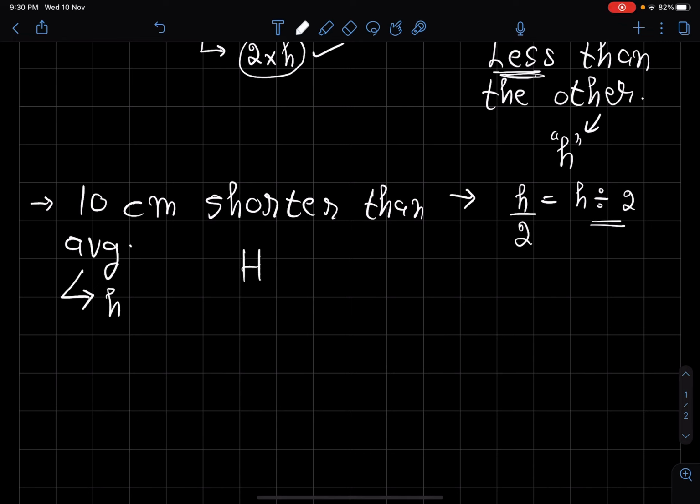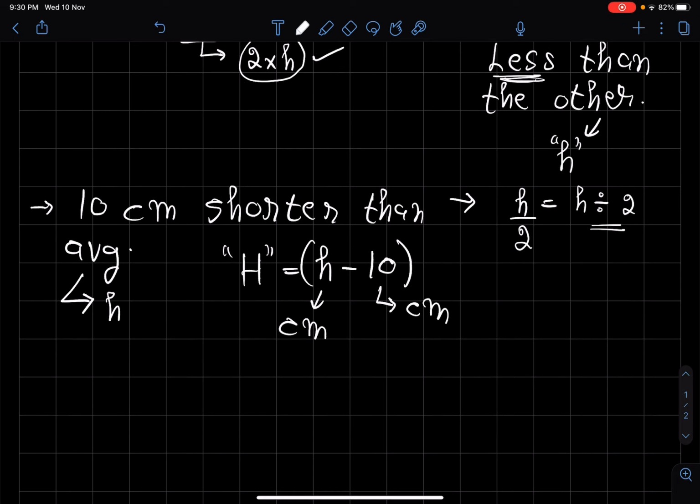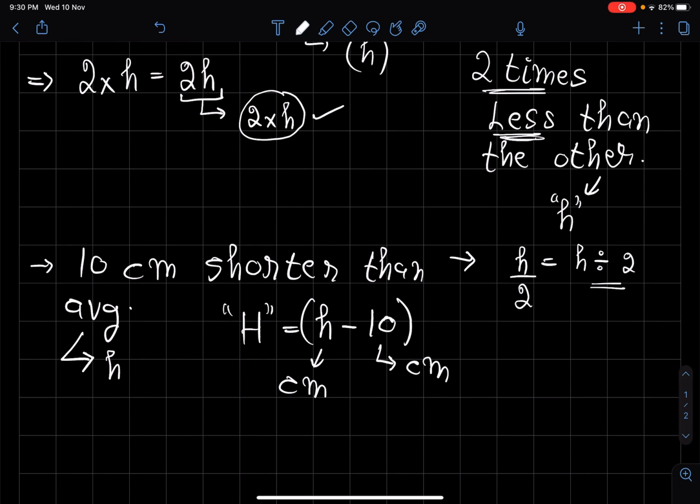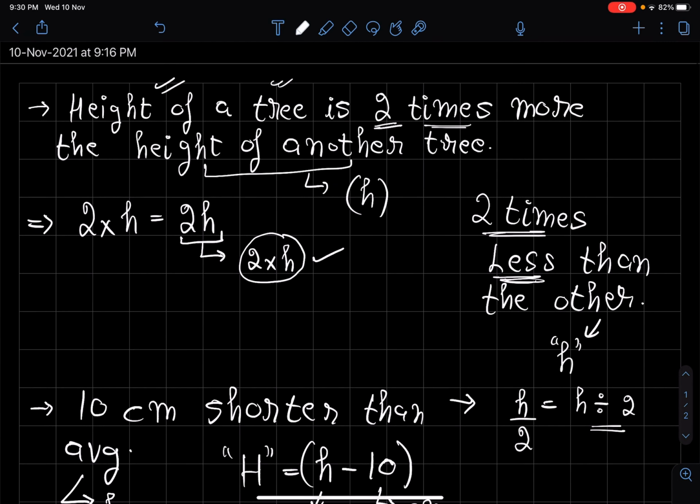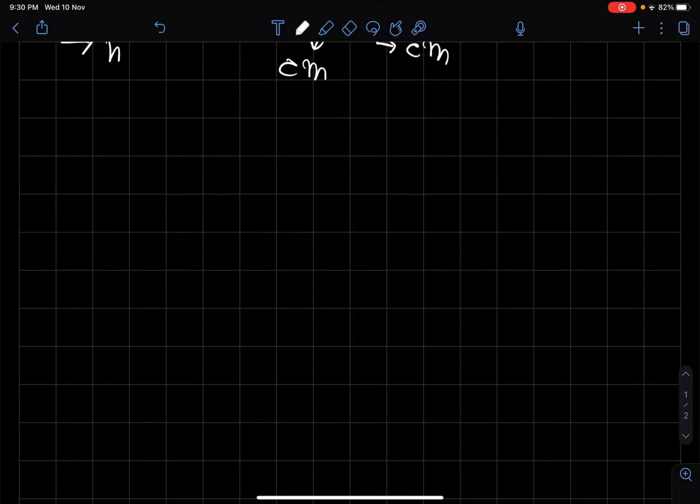So our height is h minus 10. Remember, h is in centimeters and this 10 is centimeters too. Similarly, you can subtract, add, multiply, divide. Okay, you got these basics? Let's move forward.